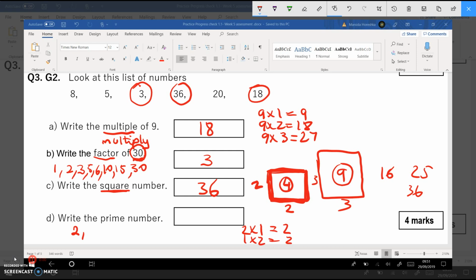Or using division, 2 divided by 2 equals 1, and 2 divided by 1 equals 2. So it's just 1 and the number itself. The next one is 3, then we have 5, 7, 11, 13, and so on. Which one is appearing here? And we've got 5. The thing to remember with prime numbers is that 1 is not a prime number.